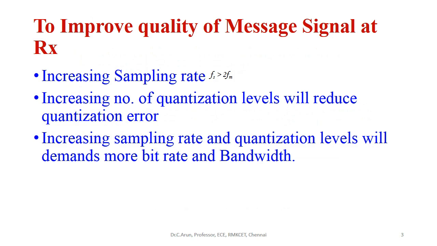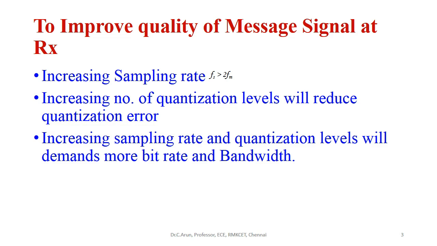To improve the overall quality of your pulse code modulated signal, that means on the receiver side you are expecting a very good quality signal, what changes do we have to make? First, increase the sampling rate, always satisfying Fs greater than 2 Fm.